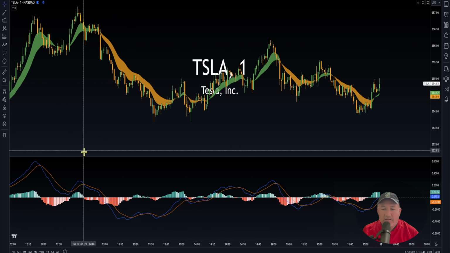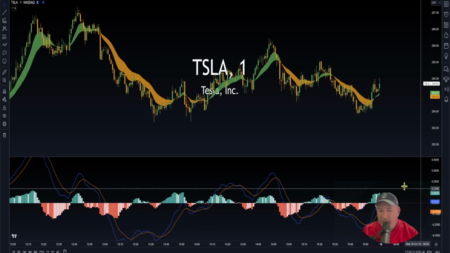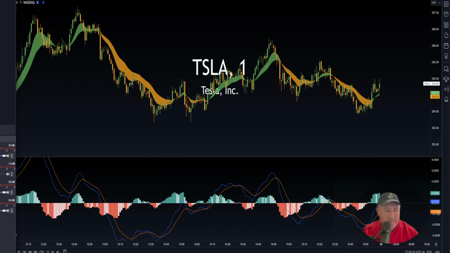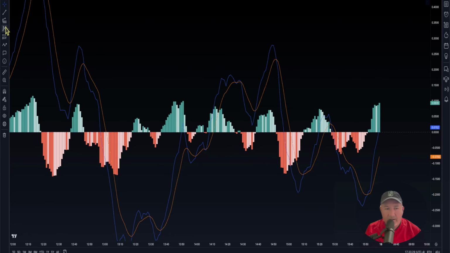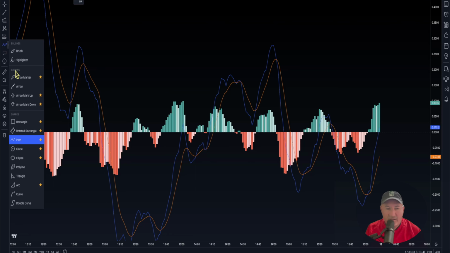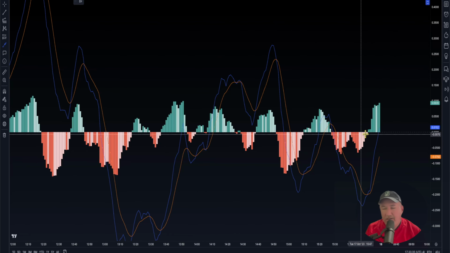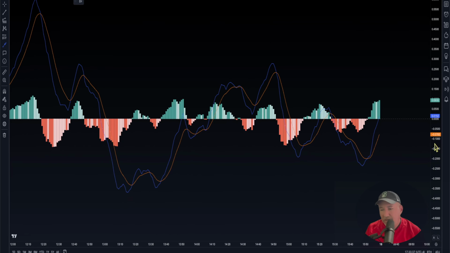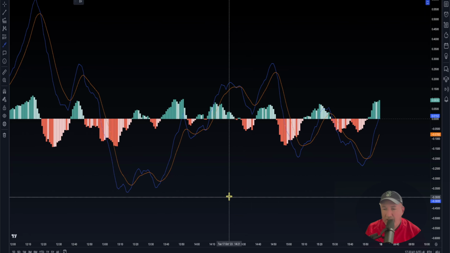Some people use this at the bottom. This is called the MACD if you're not familiar with it, and the MACD tells you one thing. It tells you when the stock is actually going down or up. So moving average, convergence, divergence. Is it diverging, converging?